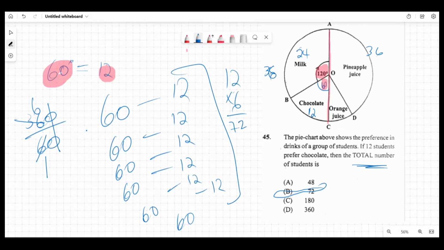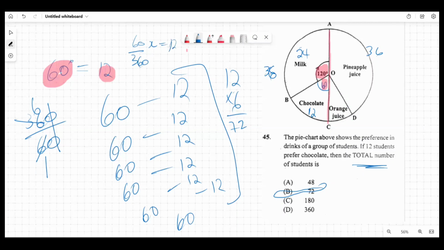Another person might say, what if I want to say 60 over 360 times 12? You would not get it, right? You would have to say 60 over 360 of an idea, and of an idea is 12.